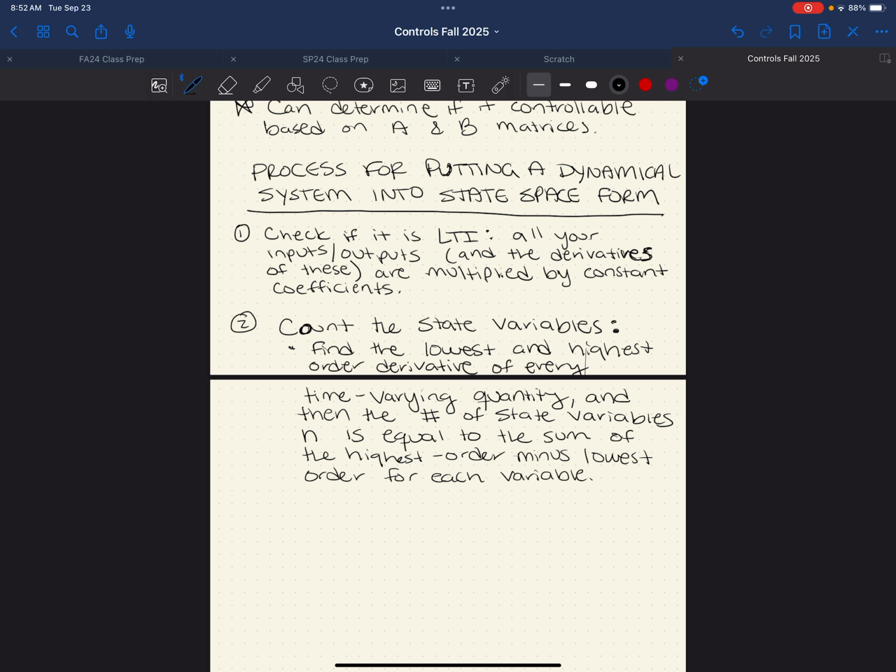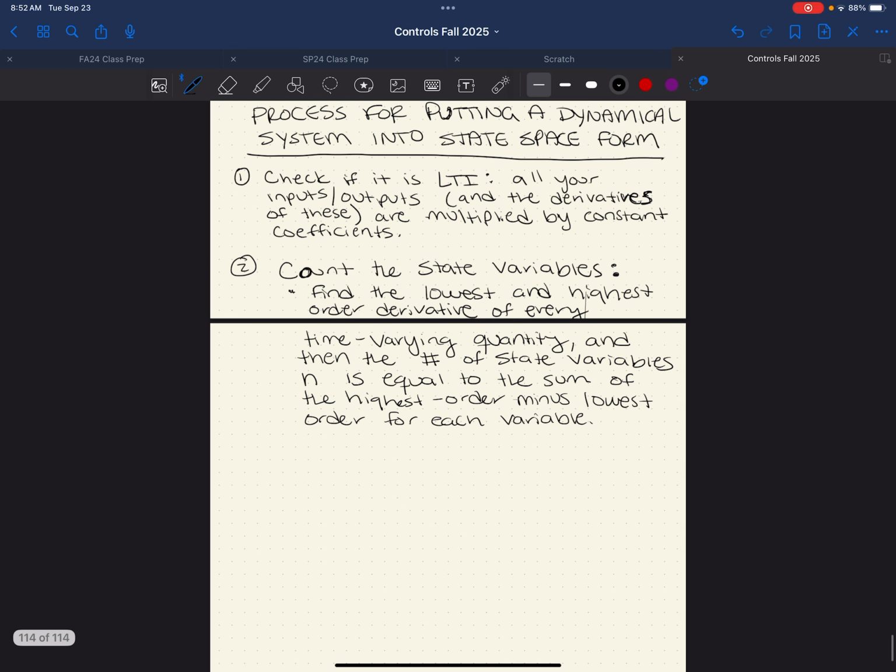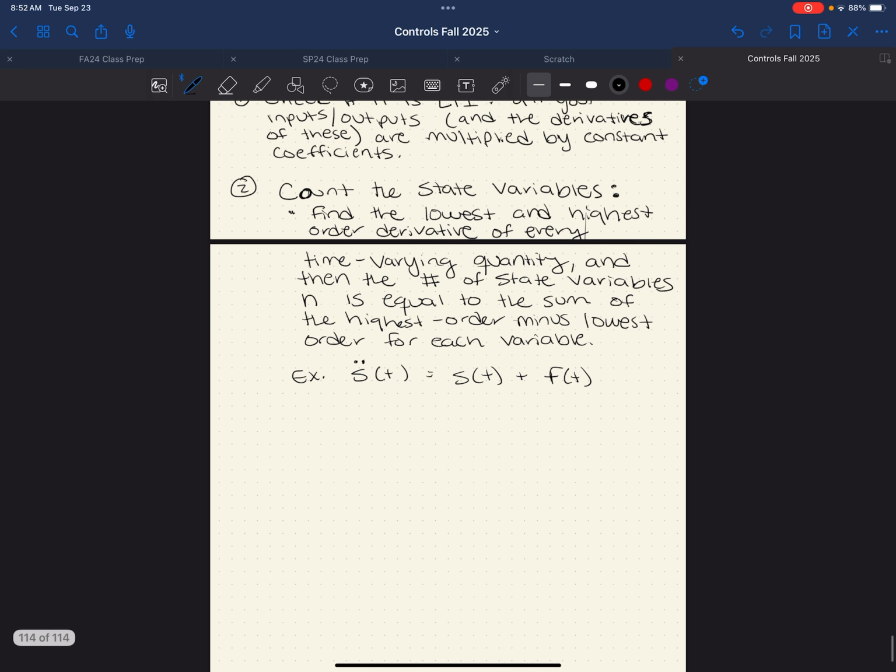Let's do a quick example to see what that means. So for example, if I have s double dot of t equals s plus f of t. My two variables here are f of t and s of t. Now let's find the highest order and the lowest order for each of these.